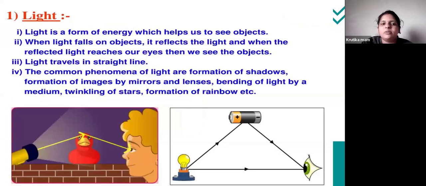Okay, so here you can see 4 points are written for the light. Light is a form of energy which helps us to see the objects. So whatever the light we are observing, so this light is a form of energy anta heltivi. Okay, so we have different sources of energies, right?